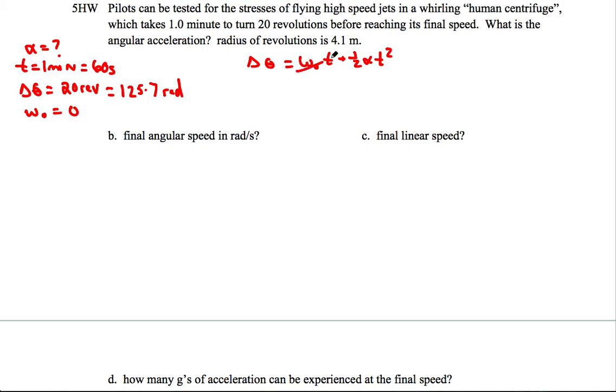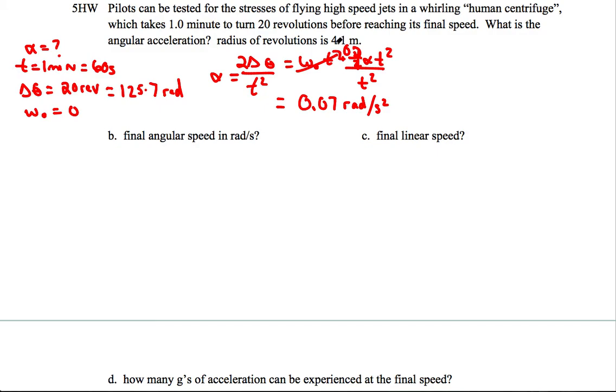If I cross off my initial angular velocity and solve for alpha, I multiply both sides by 2, that cancels that out, and then I divide by t squared. This looks very similar to when we first were finding linear acceleration. So my alpha equals that. If I plug and chug, you should get an angular acceleration of 0.07 rad per second squared.